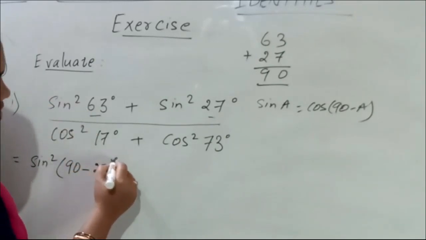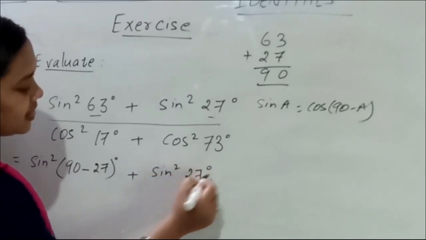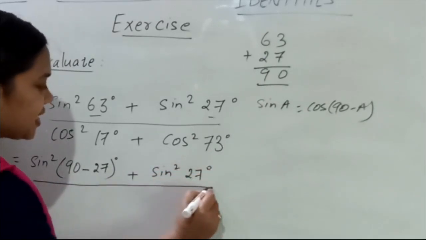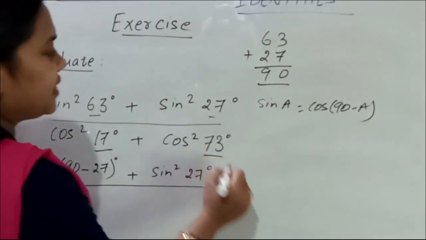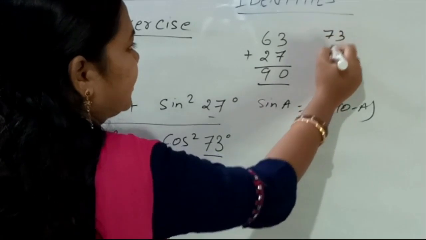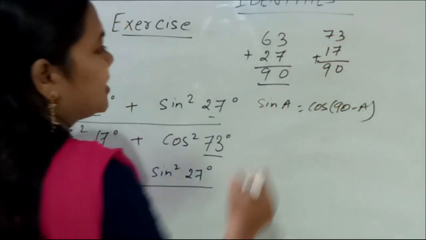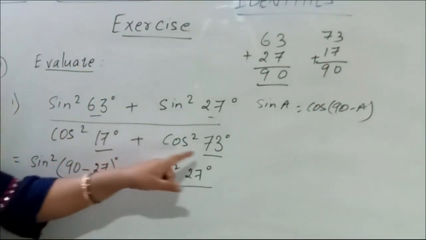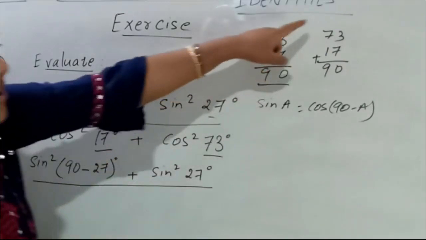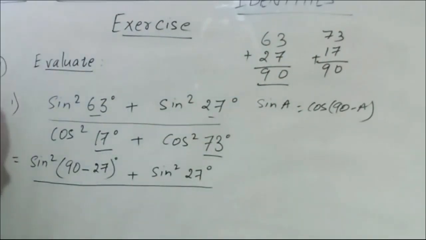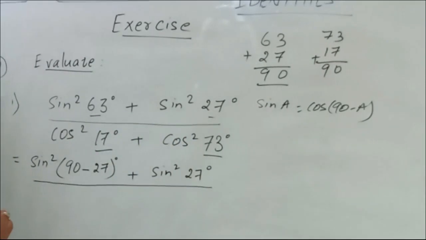So sin²(90 minus 27) plus sin² 27 degrees. The same thing is applied down. 17 and 73: add 73 plus 17, how much? 90 degrees. 17 and 73 are also complementary angles because their sum is 90 degrees.